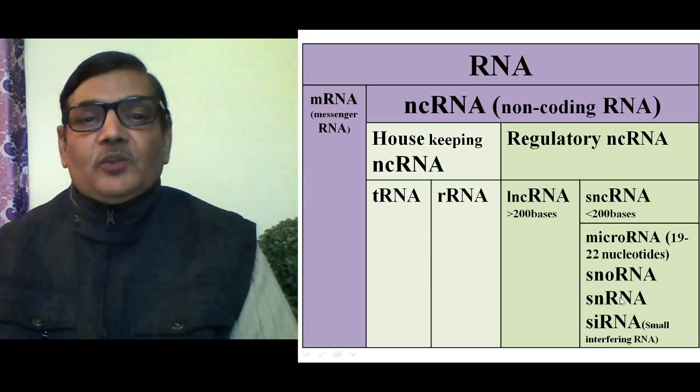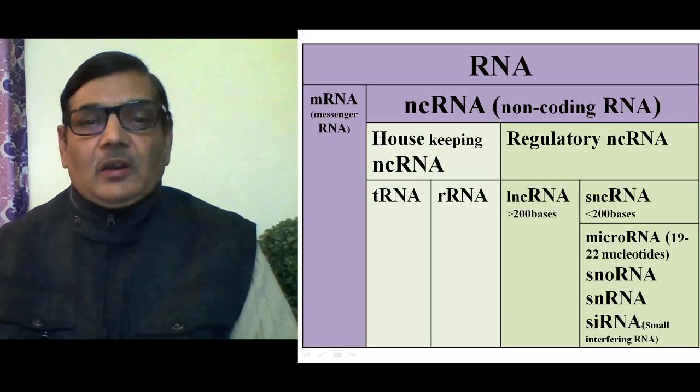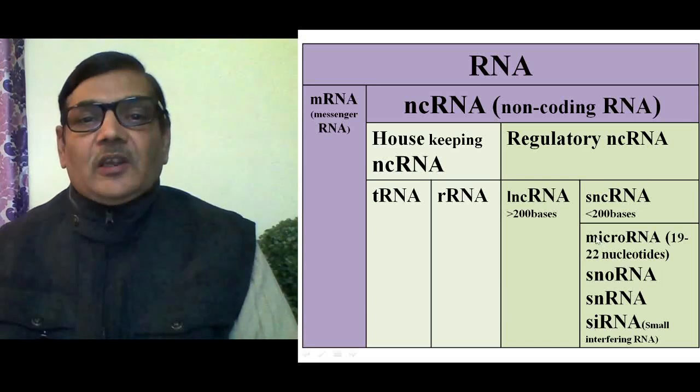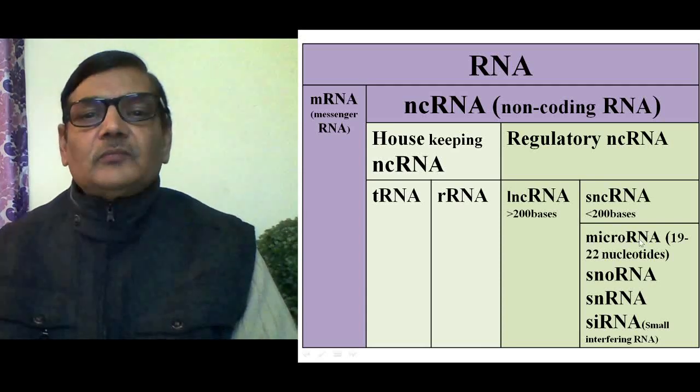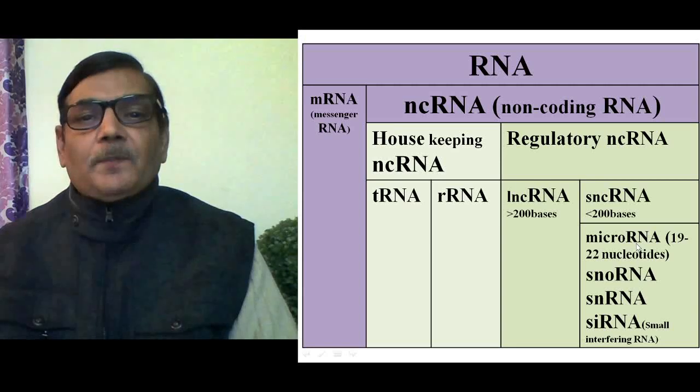Then a small nuclear RNA molecule. There could be small interfering RNA molecules. So these are small sized non-coding RNA molecules which I just said are less than 200 bases, but some of them, see, microRNA, they are just nearly 20 nucleotides long.